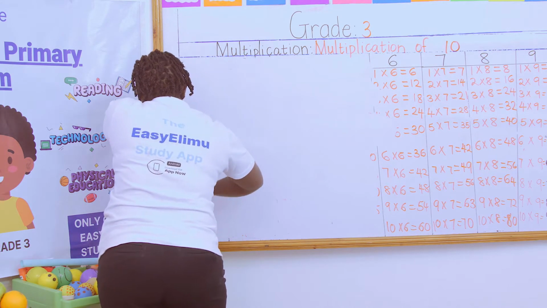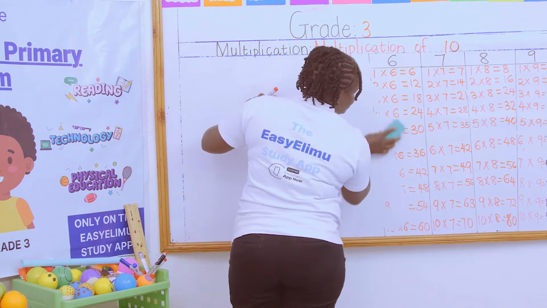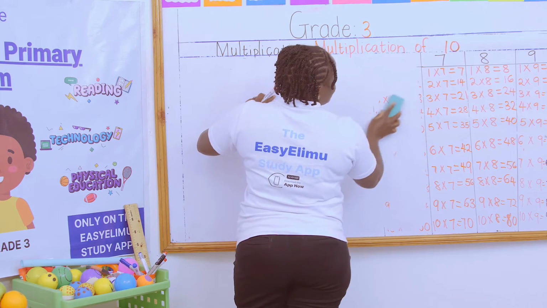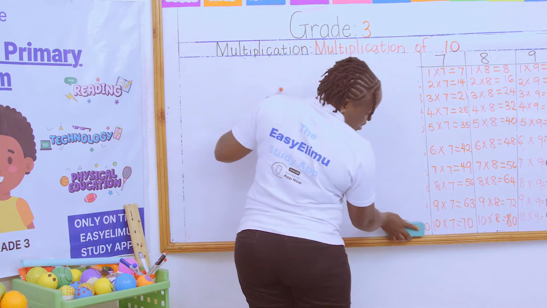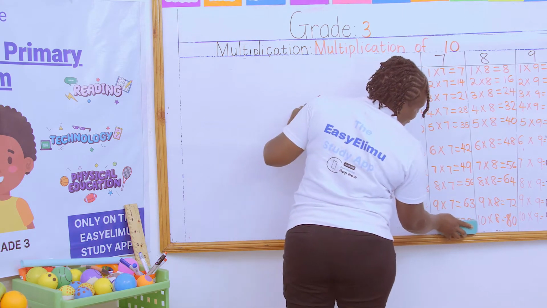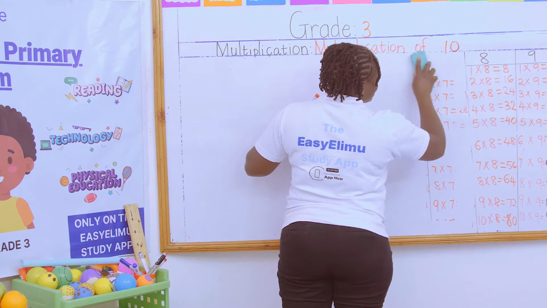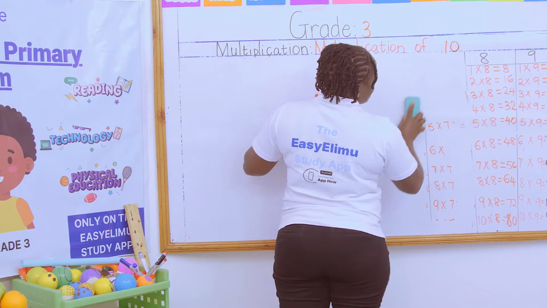So how many wheels are we going to have? We are going to have 3 wheels. The other one was just a revision of what we did in grade 2.